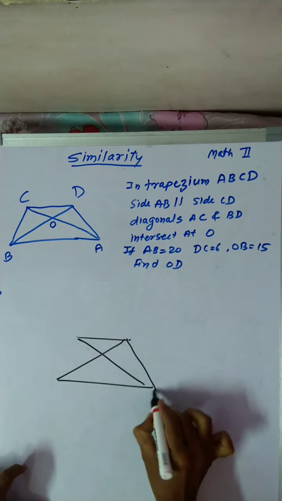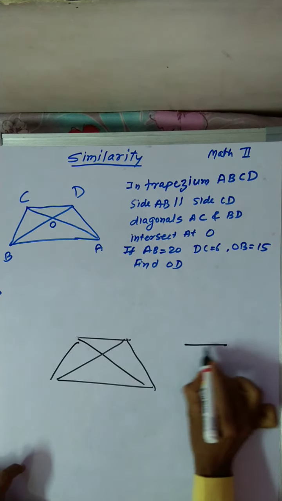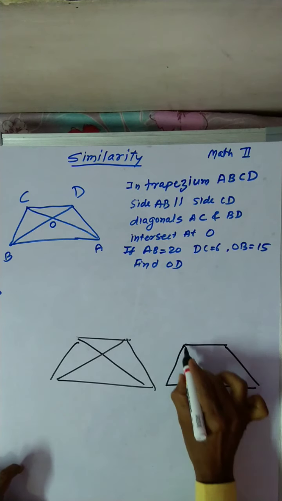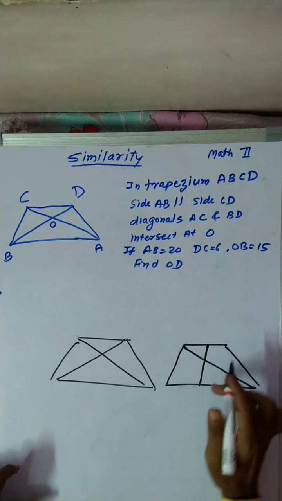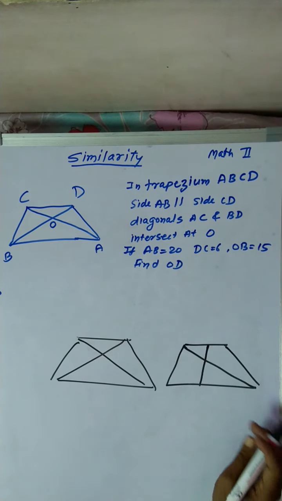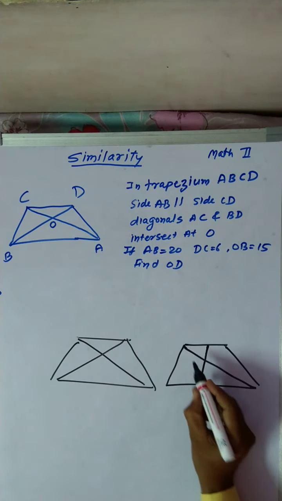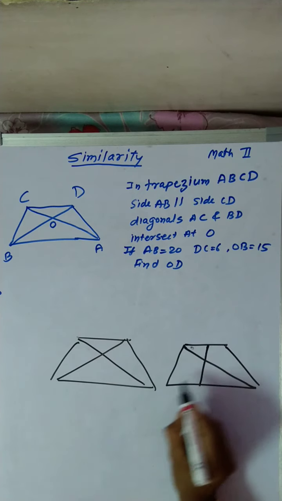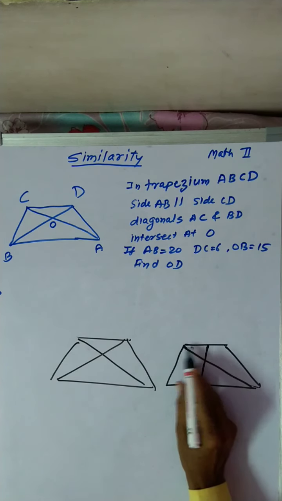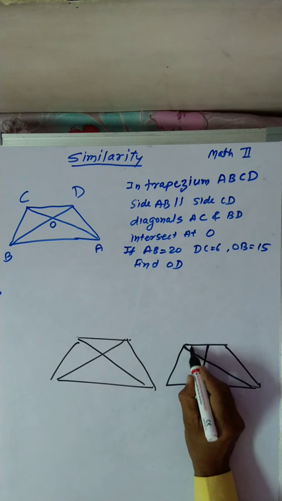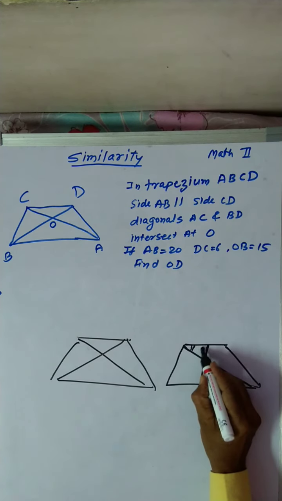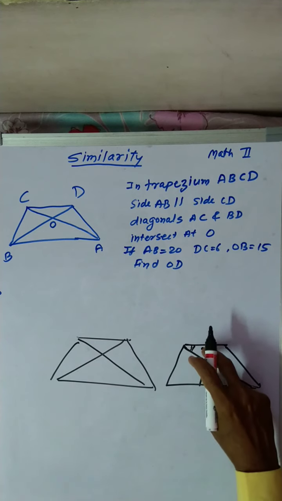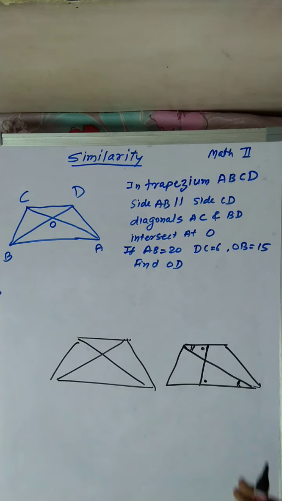Any type of trapezium, suppose we draw a trapezium like this, and one diagonal and another side. These two triangles are also similar triangles because these two lines are parallel and these angles are alternate angles, and hence these angles are congruent, and therefore these two triangles are similar.